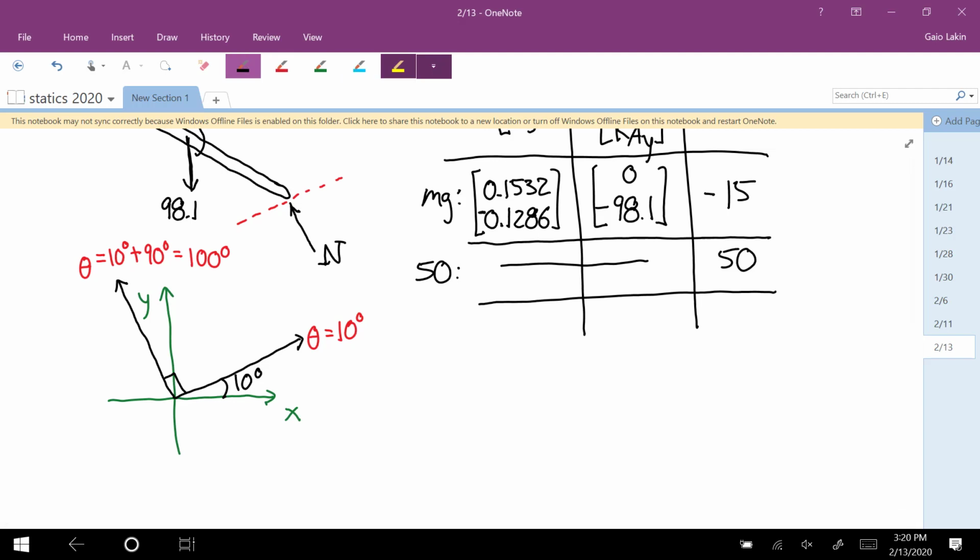And so this normal force, the row vector is twice this one, so 0.3064, negative 0.2572.